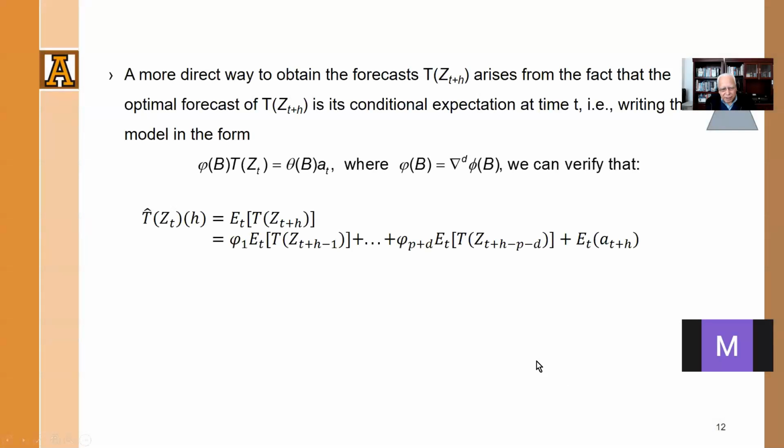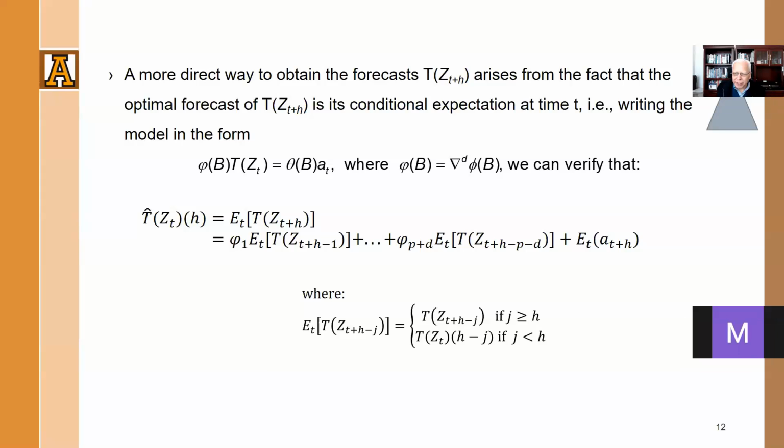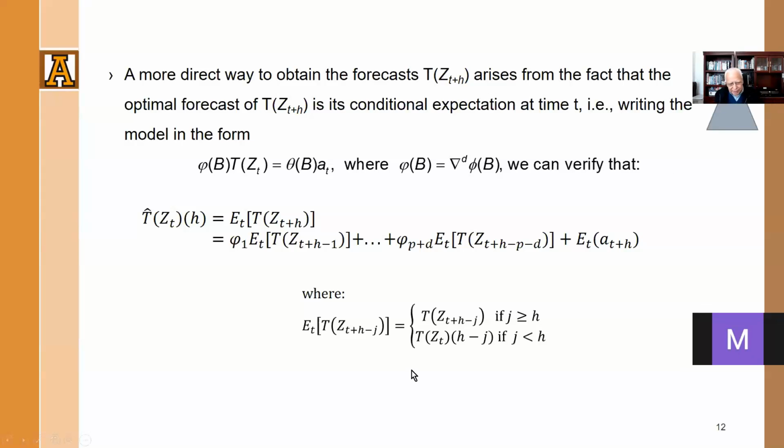Okay, so we said what the form of these forecasts is going to be for series that are not stationary, and so we're working with the transformed series, and we make it stationary by taking differences.